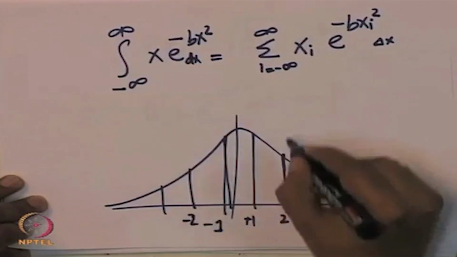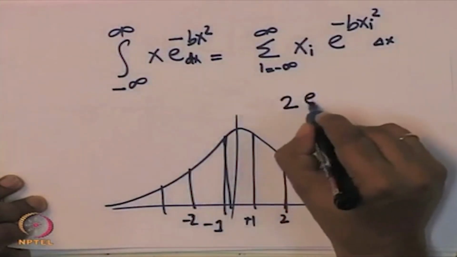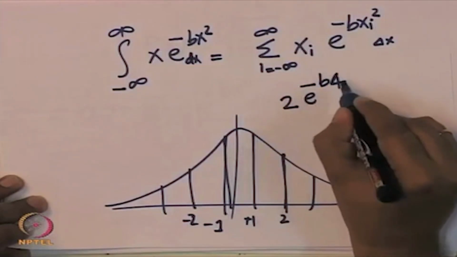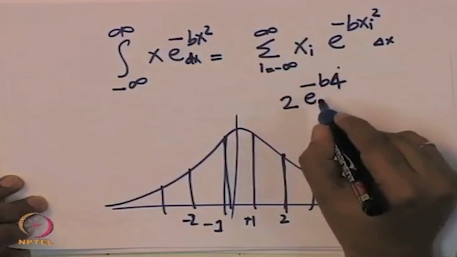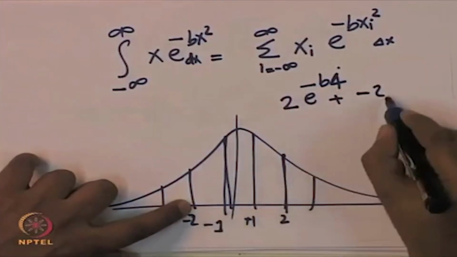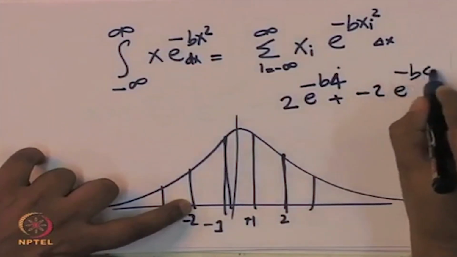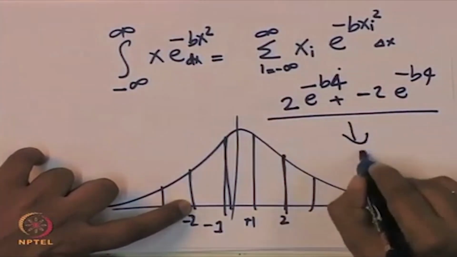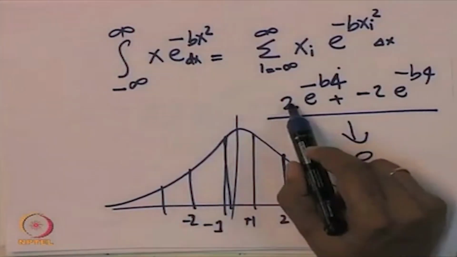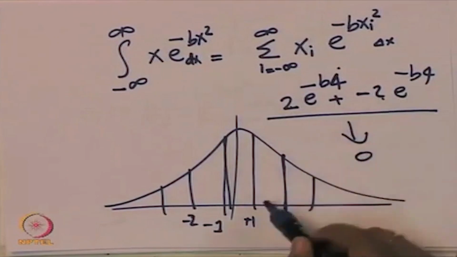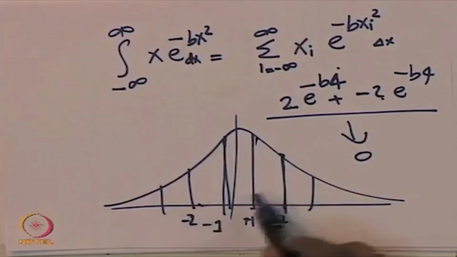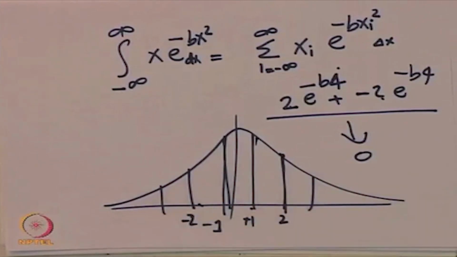At 2, what you get is 2 into e power minus b x square, x square being 4, plus minus 2 e power minus b 4. So this is 0. Just by summing both sides, you are multiplying with plus 2 and with minus 2. For every plus value here, there is a minus value multiplying on the other side. So the total of this integral is 0.